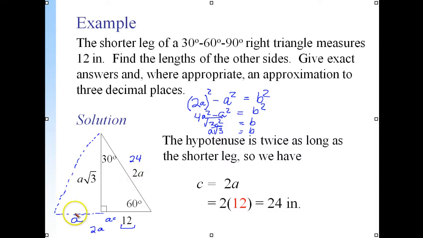So 2A equals 24, A equals 12, and that's what they're showing. So C is the hypotenuse here, that's 2A, and A is 12. Okay, so 2A is 24. This side is 24. This side is 12.